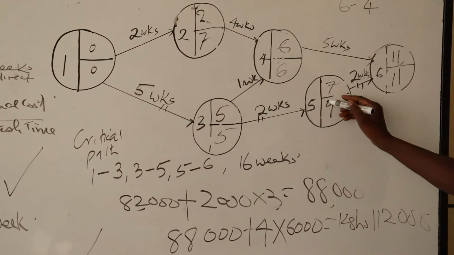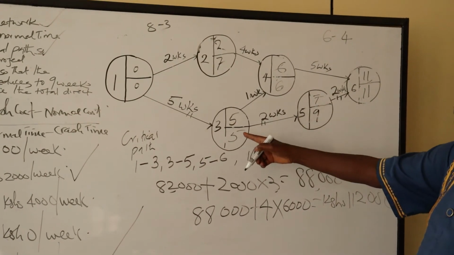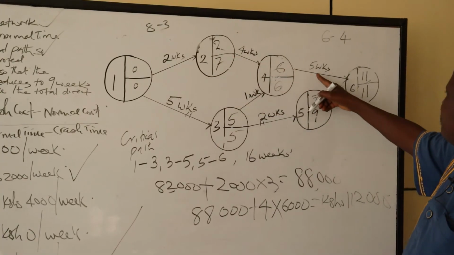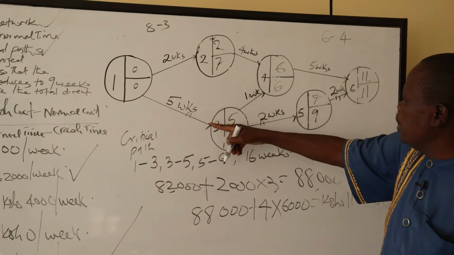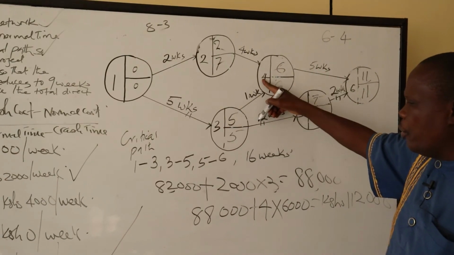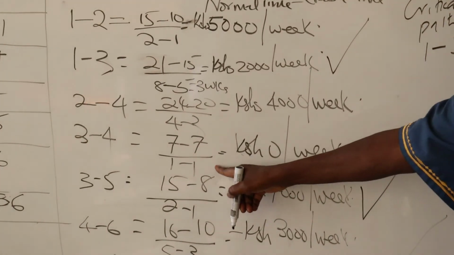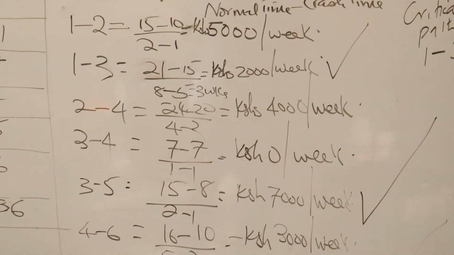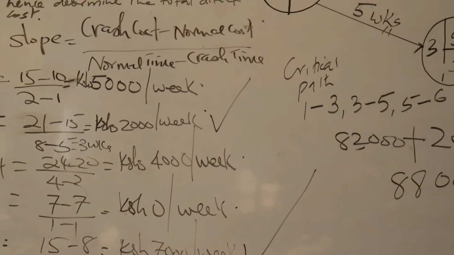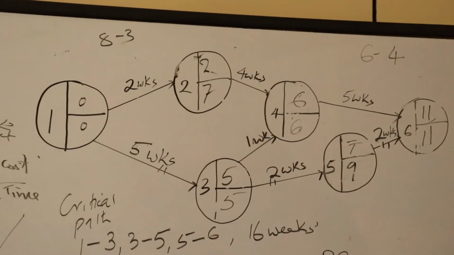Now, the critical path has transferred itself because this is no longer the longest path. The longest path is now either this path or this path. But we cannot crush activity 3 to 4 because there is no week available for crushing. So we check another activity which has the minimum cost slope, and it must be along the critical path.